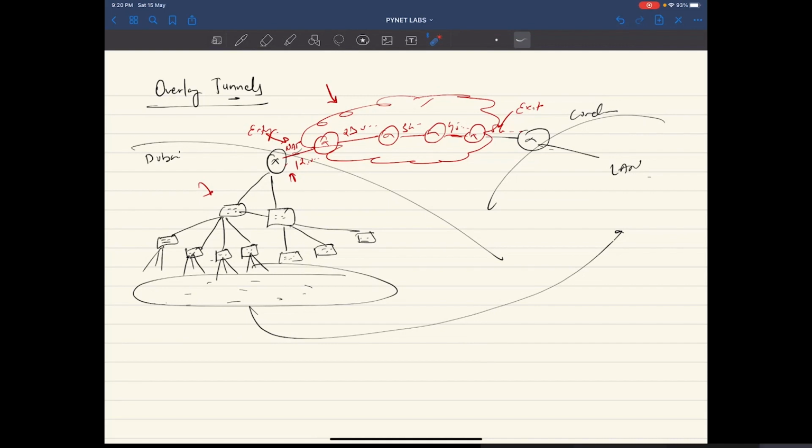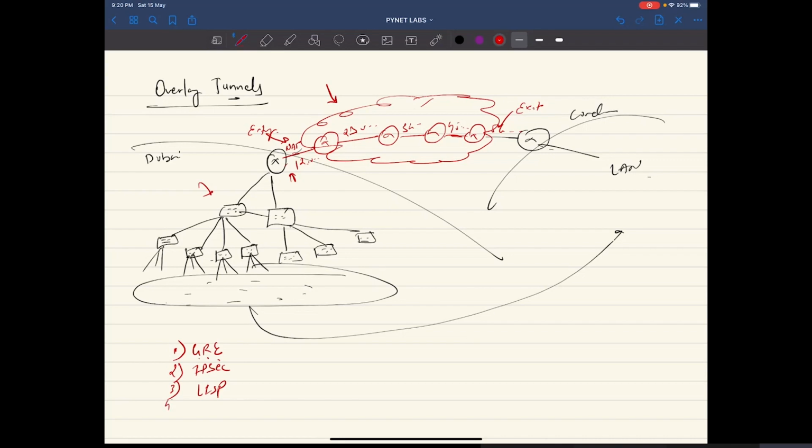There are different tunneling technologies available. One of which is GRE, generic routing encapsulation. The second one is IPsec, which is IP security. The third one is LISP, the locator ID separation protocol.